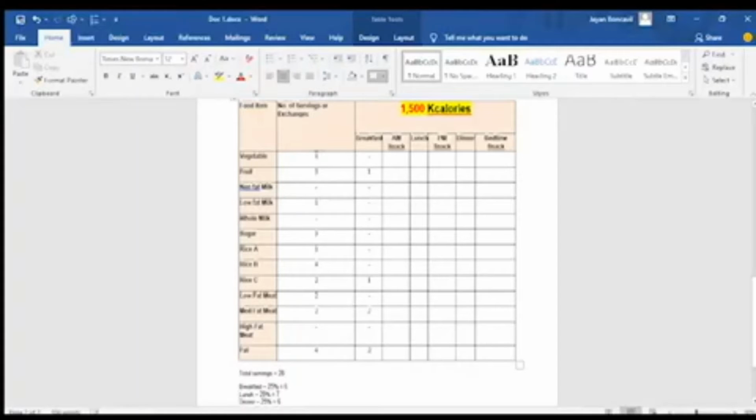There are still 4 exchanges left that we can distribute. Here we still have 2, then here we still have 1, 3, etc.